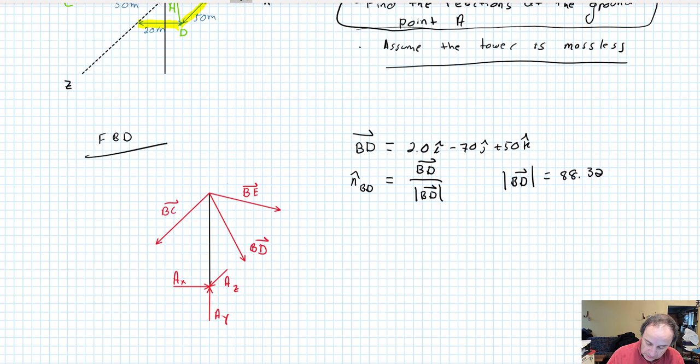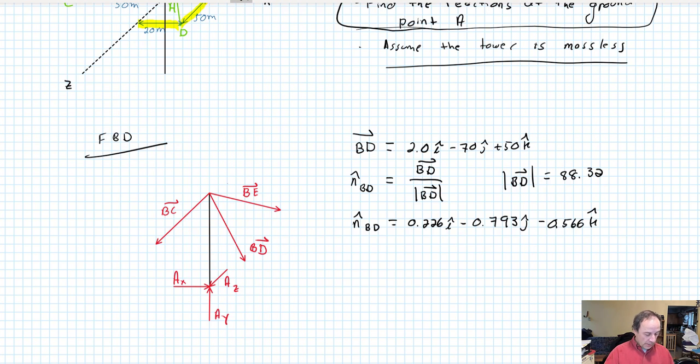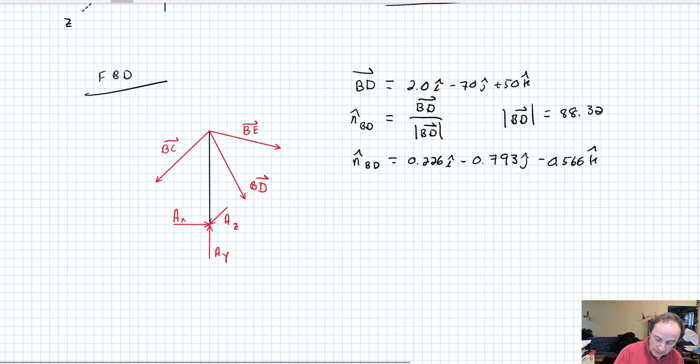So when we put this all together, we get a unit vector along BD of 0.226I minus 0.793J plus 0.566K. All right, that's one of our unit vectors, BD.